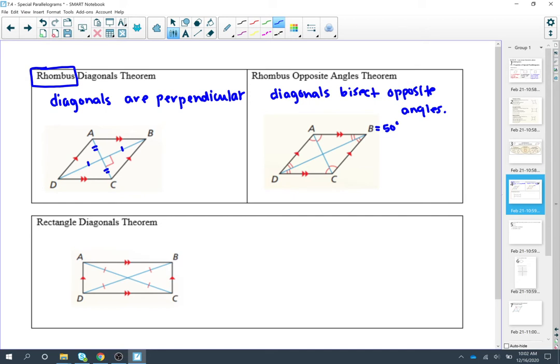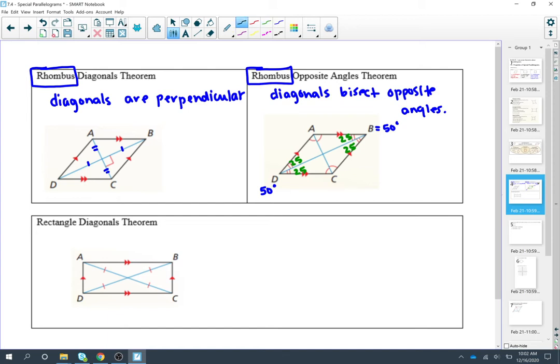Well, then I know that angle D is 50 degrees. But then the diagonal goes through here, and because it's a rhombus, it's going to cut it in half. So then I know that this guy is 25 and this guy is 25. Then I know this guy is 25 and this guy is 25. So the diagonal cuts the opposite angles in half.